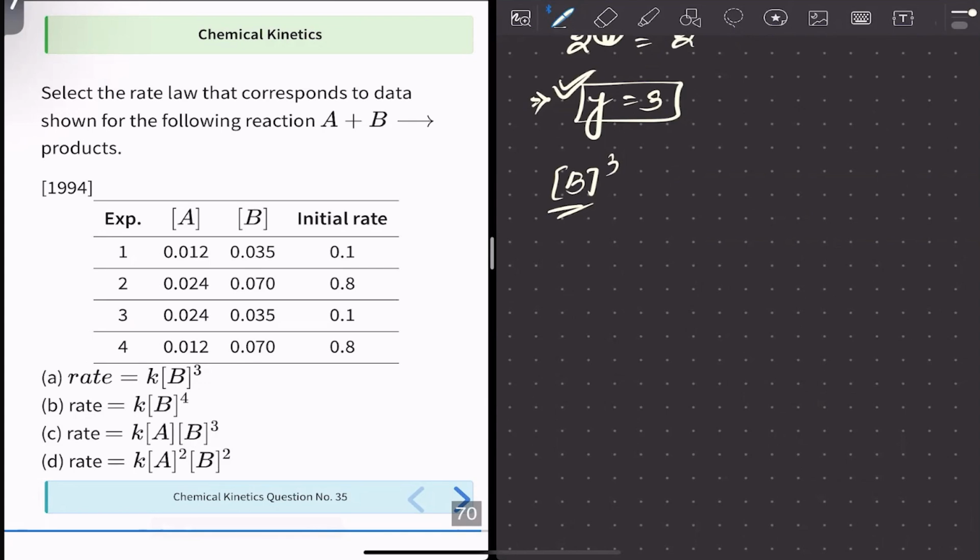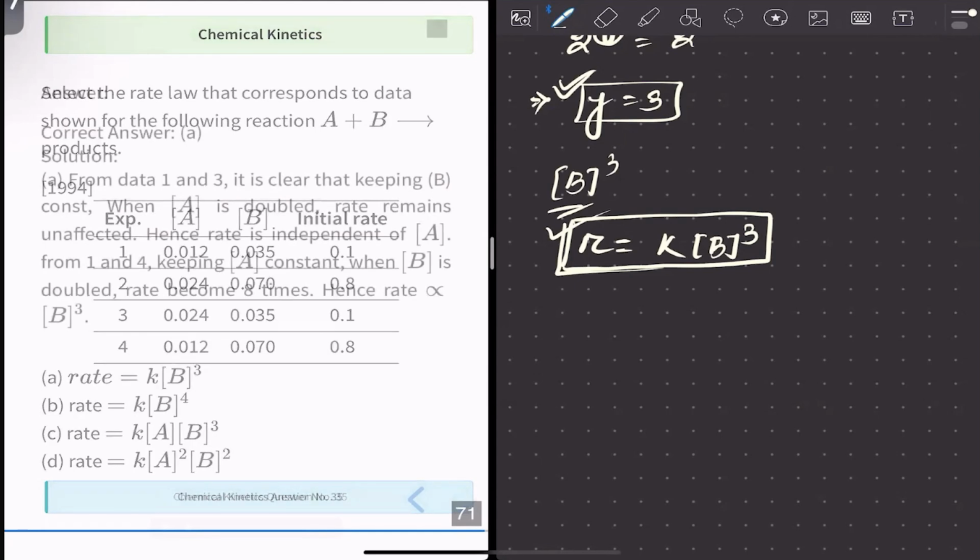That means the rate of reaction doesn't depend on the concentration of A. So the rate law would be written as K B to the power 3. It only depends on the concentration of B, not on the concentration of A. So option A is the correct answer.